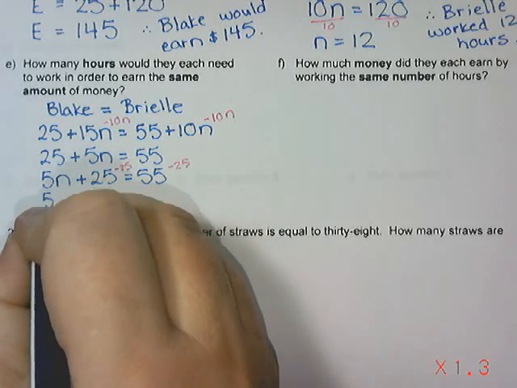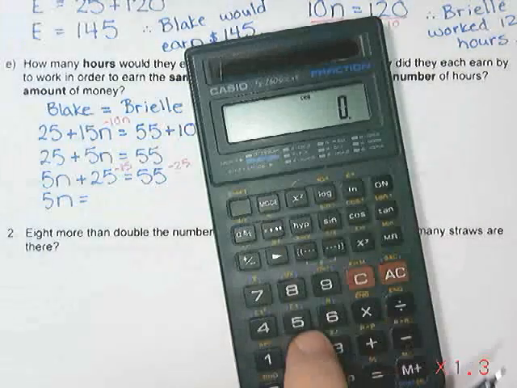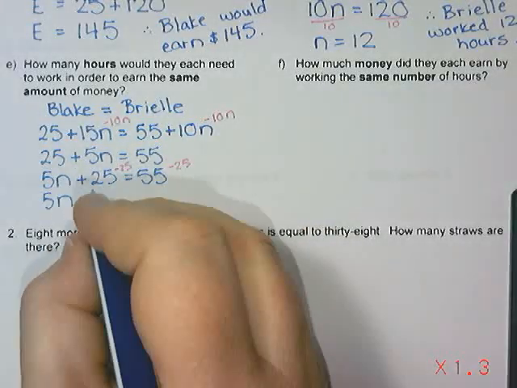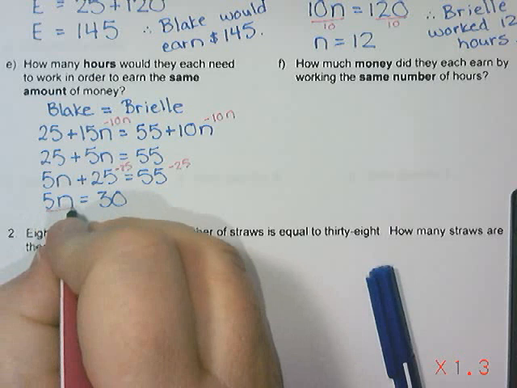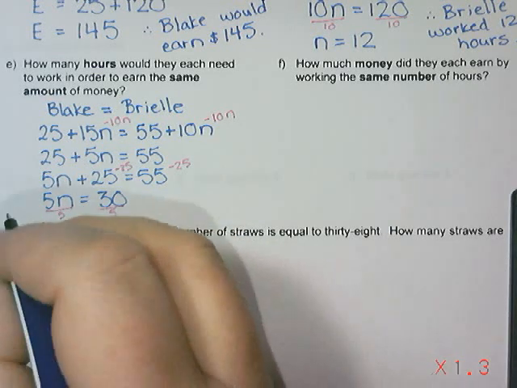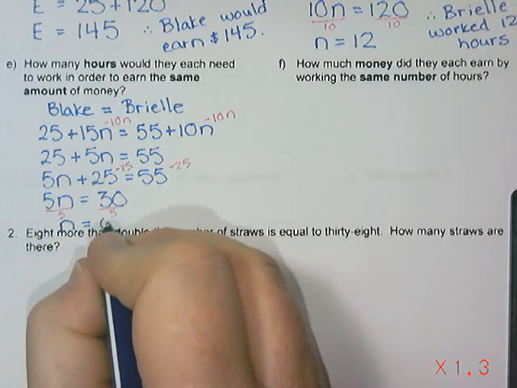So I have 5n equals 55, take away 25, should be 30. Oh, there it is. And then we would finish off by dividing both sides by 5. And I would get that n equals 6.